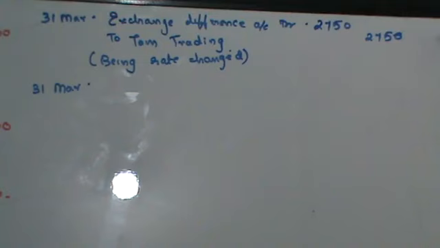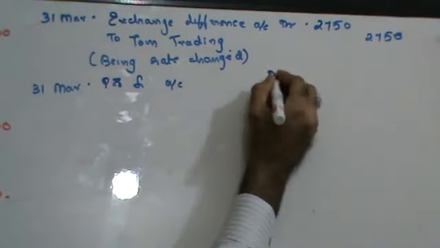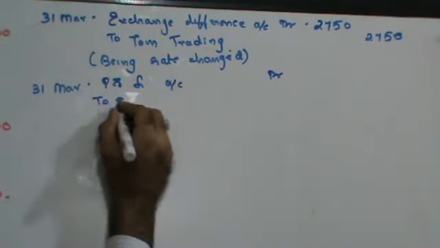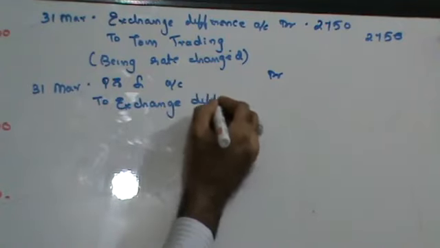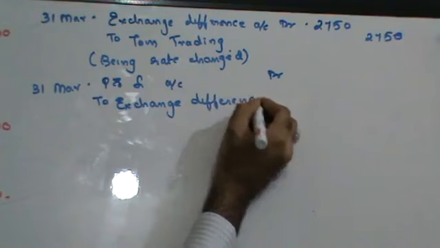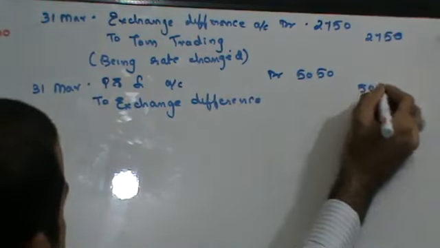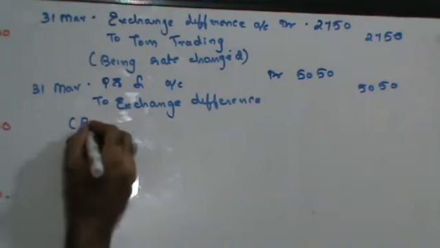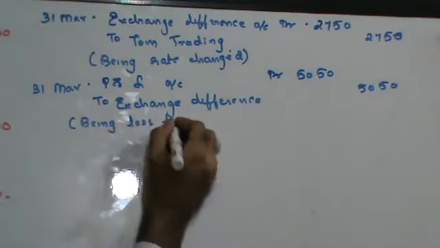And I made a loss of 2750. 5050 loss. Loss means P&L on the debit side, profit and loss account debit to exchange difference, 5050 loss. Being loss transferred.